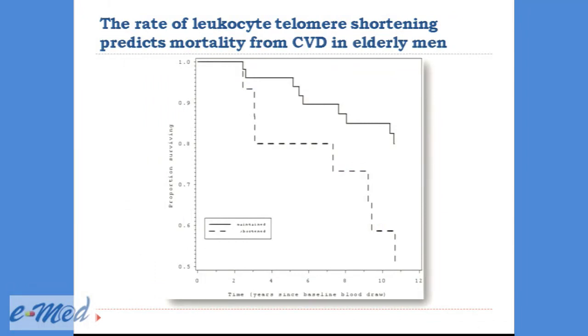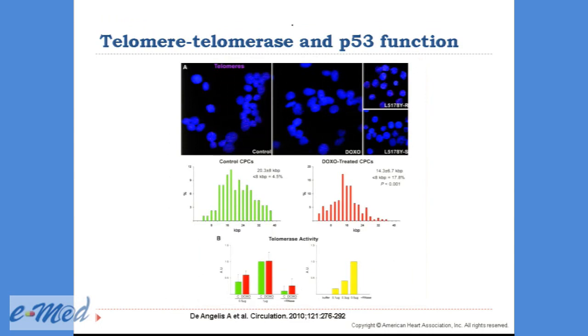There are also clinical data showing that shortened telomeres are associated with increased mortality from coronary disease, for example, in elderly people. And the telomere dysfunction, again, is associated with p53 abnormalities in cardiac cells.